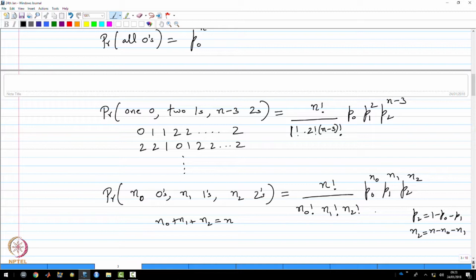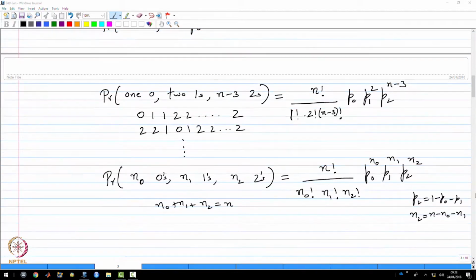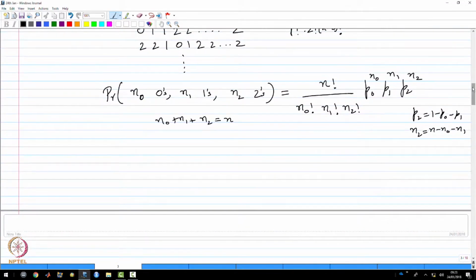Okay, so now there's a slightly different example I want to talk about. Suppose you toss a coin 20 times. Okay, so I'm going to toss a coin 20 times, and I will define n1 as the number of heads. Remember this is also going to be IID.